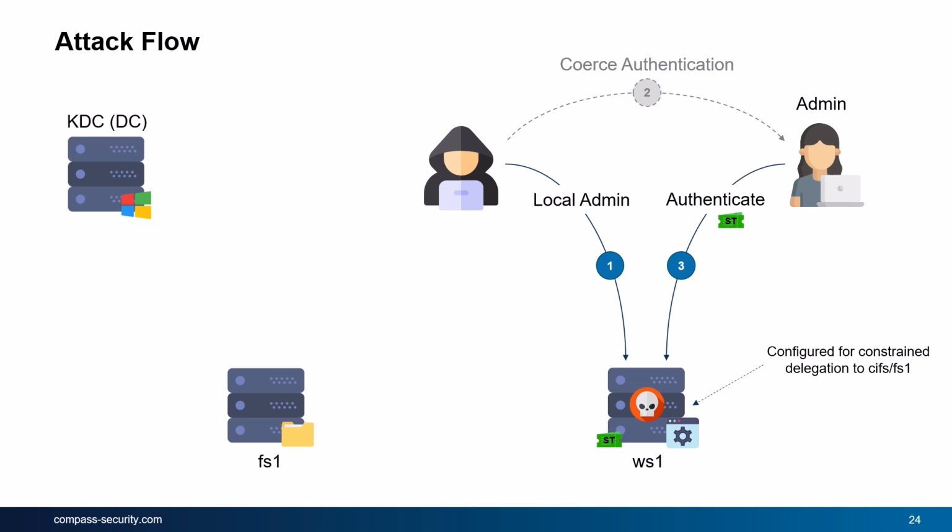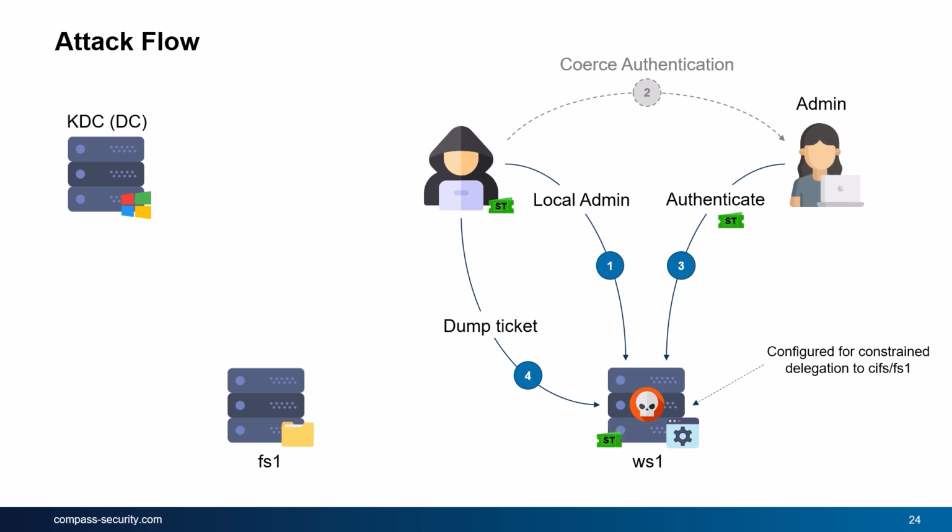If the user does so using Kerberos, the user will authenticate using his or her service ticket, and the service ticket then essentially is cached on the target system for the duration of the impersonation or the delegation. As we have local admin access to this machine, we will be able to extract this service ticket. There are various tools for that. And once we have this service ticket, this is essentially what we need as proof for S4U2Proxy.